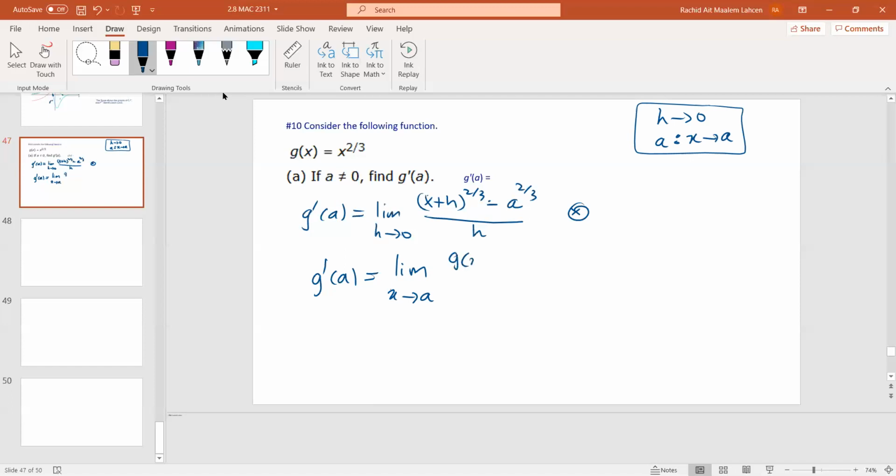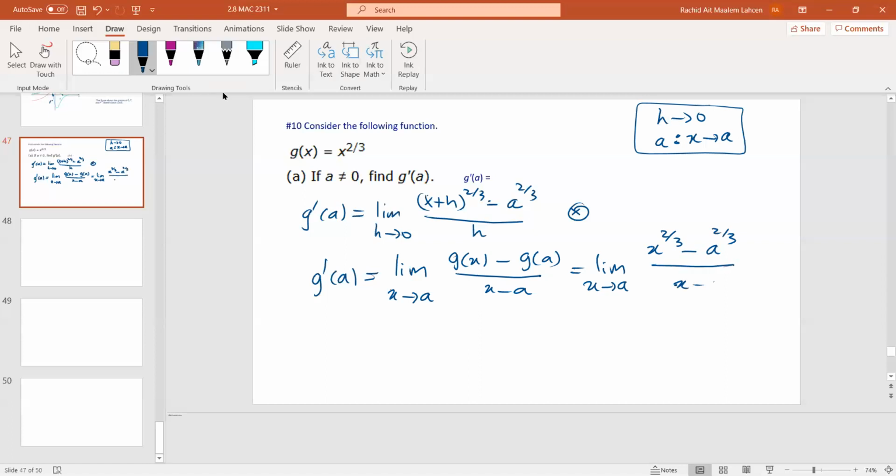So which means g of x minus g of a over x minus a. And this one will have a trick that probably you've never done. And if you've done it before, please let me know. I want to know what type of problem you used it in.